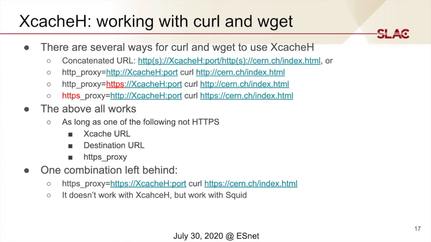I listed several combinations here, and everything works except this last combination: HTTPS, where you point to an Xcache that uses the HTTPS protocol, and your destination is also HTTPS. This does not work for Xcache H, but it does work for Xroot. So we want to find out what's going on.